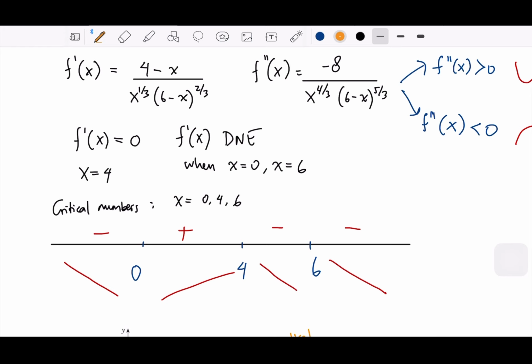Let's say the graph has a sharp point down like this. Can we say that sharp point is the absolute minimum or absolute maximum point? Yes, we can say that. We can also say absolute or local. It depends on when you check the value, whether it's really the lowest one on the interval or not.